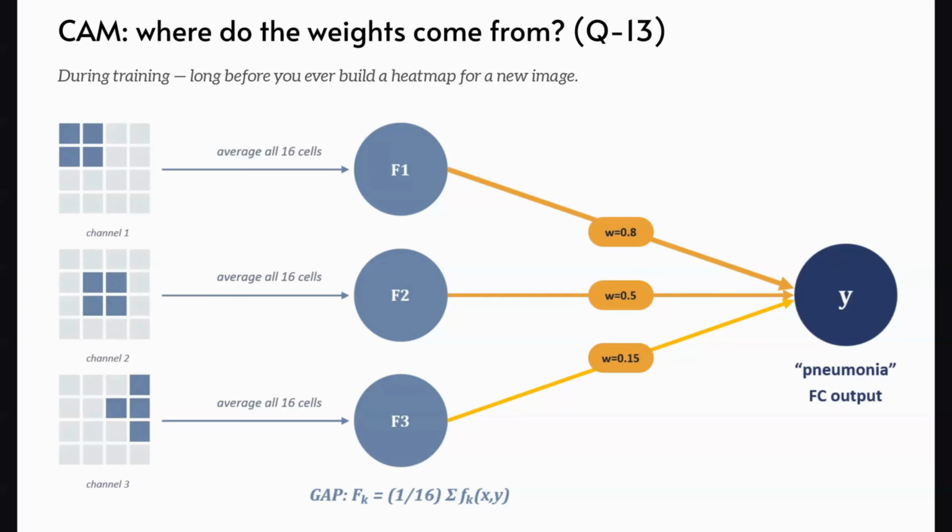No retraining. So, okay, let me start with the whole idea. Grad-CAM: think about a doctor having an X-ray again. The doctor wants to figure out which part of the lung is infected with pneumonia. There are two labels, pneumonia or not pneumonia.